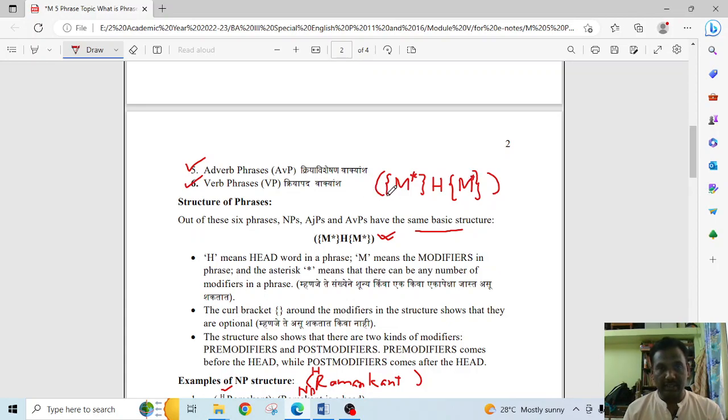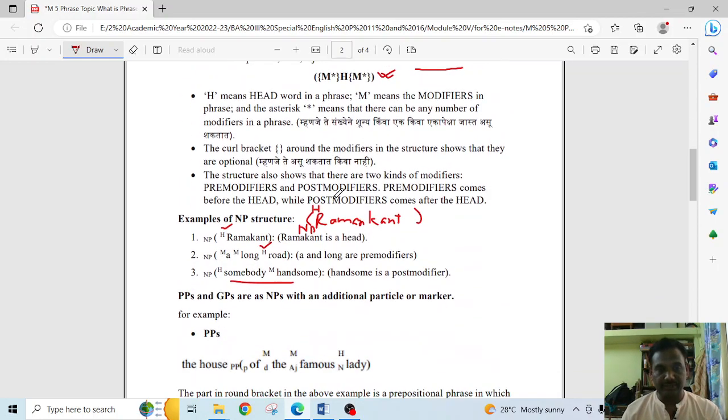So this curly bracket shows that this element, that is modifier, is optional. It can be one or more than one. This asterisk mark shows that modifiers can be many in a phrase. So this is the structure of noun phrase as well as adjective phrase and adverb phrase.